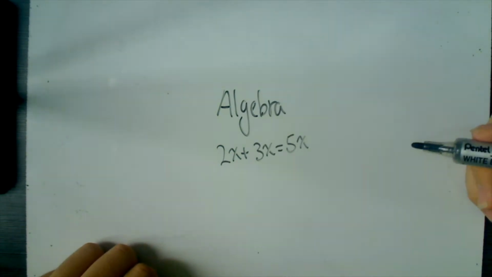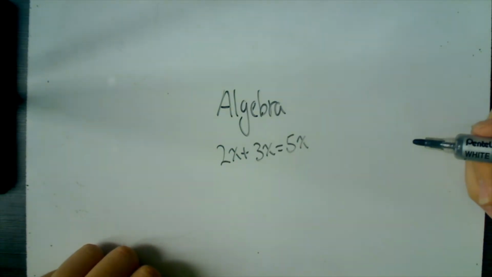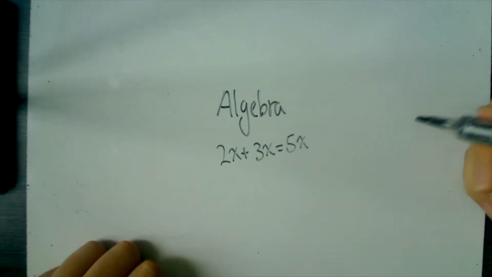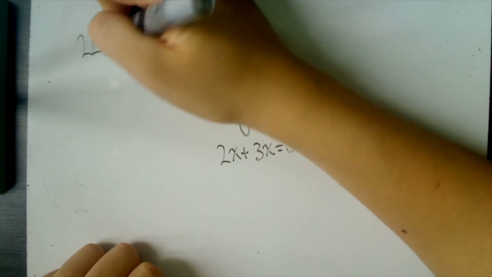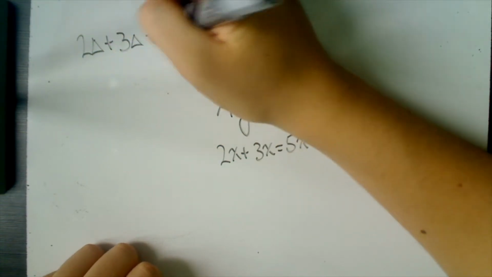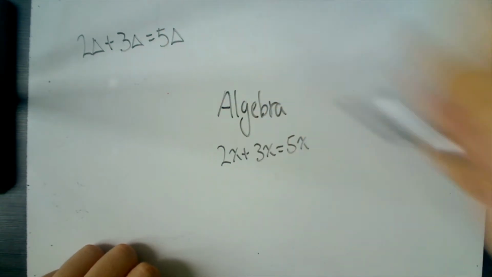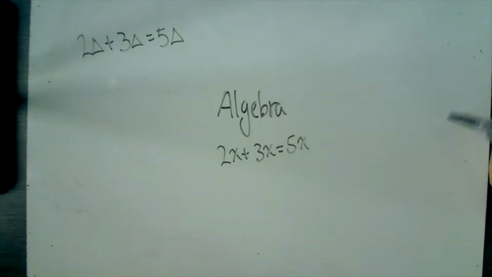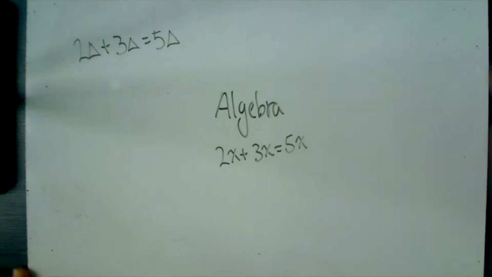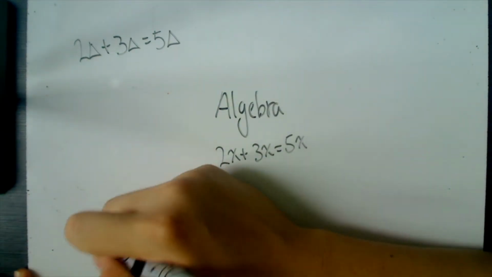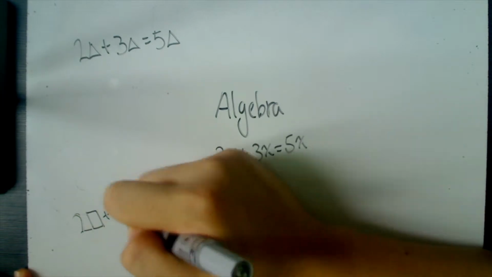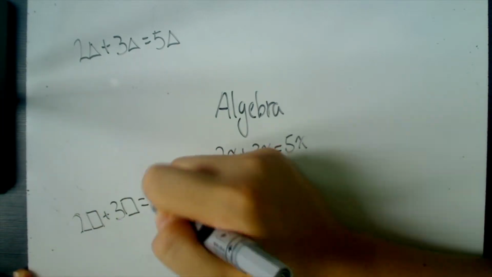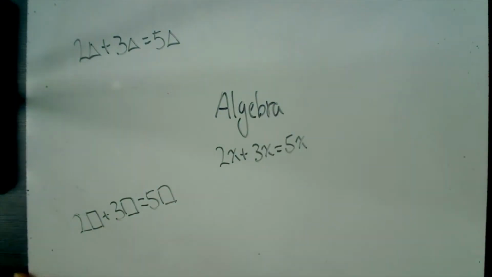Algebra is essentially the generalization of arithmetic, and arithmetic is things like: you have two triangles plus three triangles, you get five triangles, right? And you can do this with things other than triangles. Say you have two rectangles plus three rectangles, you get five rectangles, right?